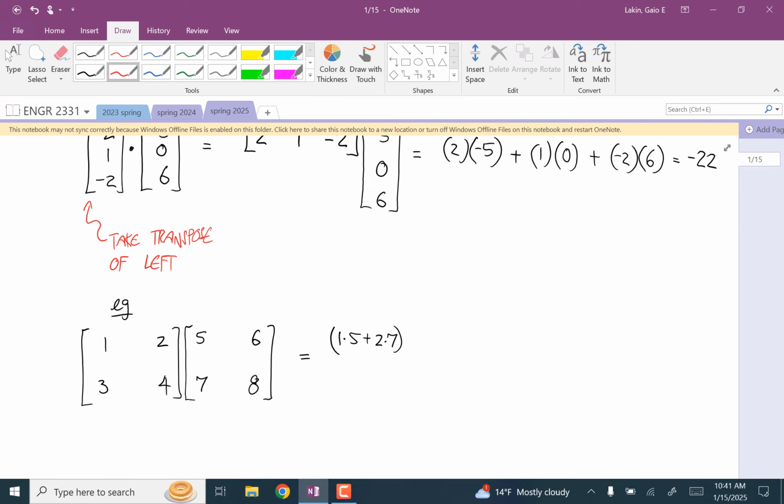And now I'm going to dot product the first row with the second column to give us the 1, 2 element of the output matrix. So that is 1 times 6 plus 2 times 8.